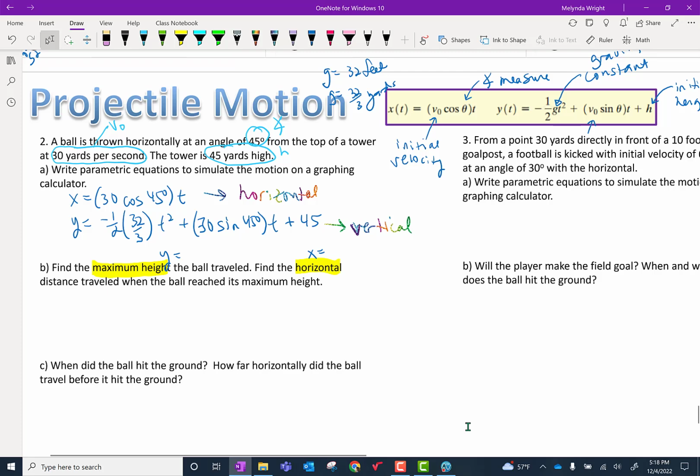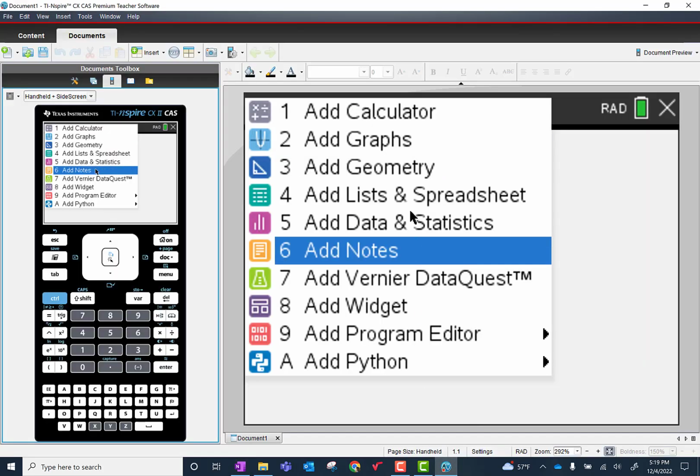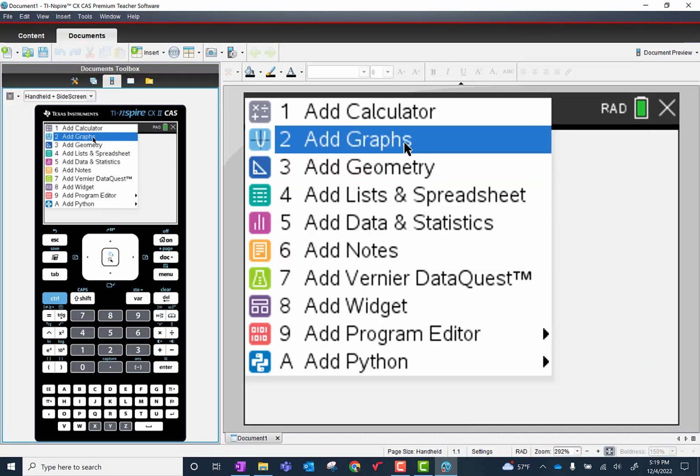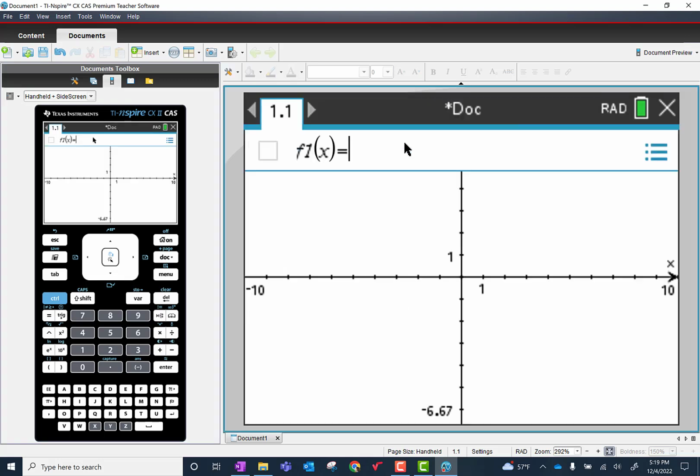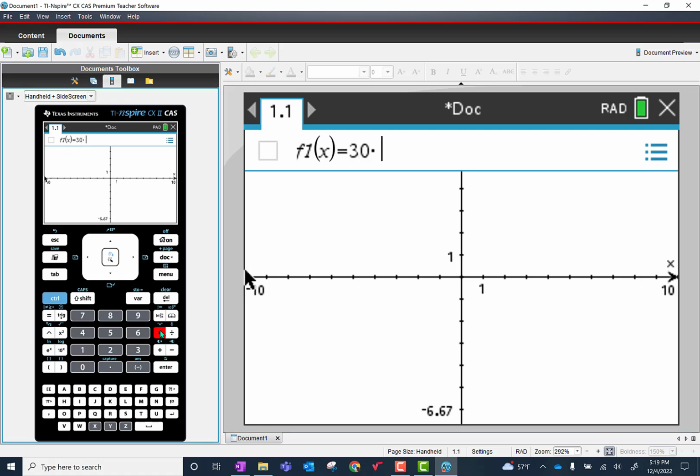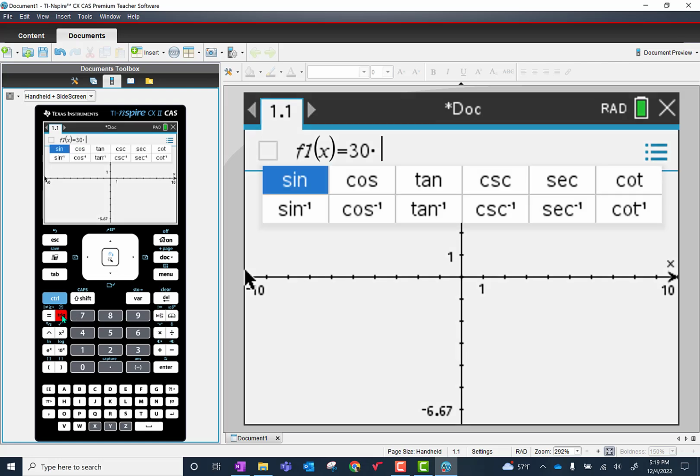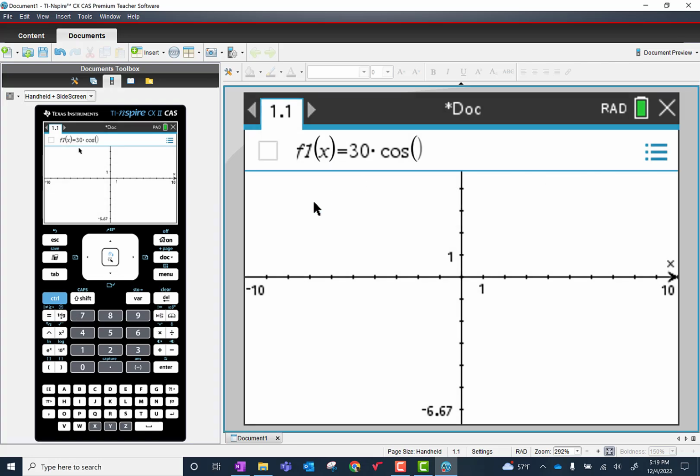So I'm going to pull up my calculator and we're going to do graphing. I'm going to stay in function mode, and I'm simply going to put in my X equal equation first. I'm pretending that this is X. I know it's not an X, but I'm pretending. This is going to be 30 times cosine of 45 degrees, and I'm in radians, so let's change that to degrees.